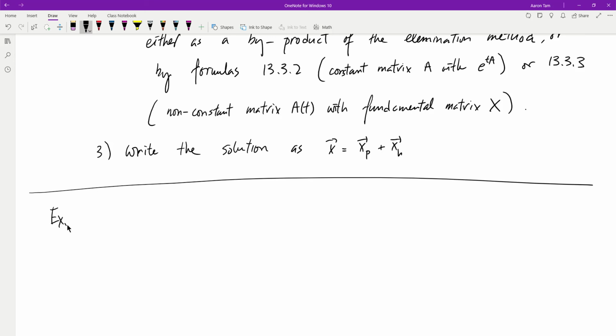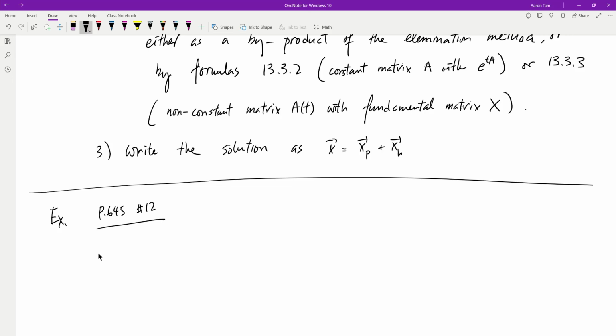So the problem I'm doing is on page 645, number 12. It would be typical for your test question to be just like this one, where I give you a non-constant matrix A, but also give you the general solution to the homogeneous system. That way you don't have to worry about finding that, and you can simply use it to form the fundamental matrix and proceed with the problem.